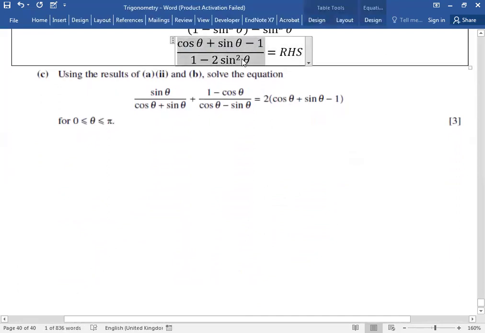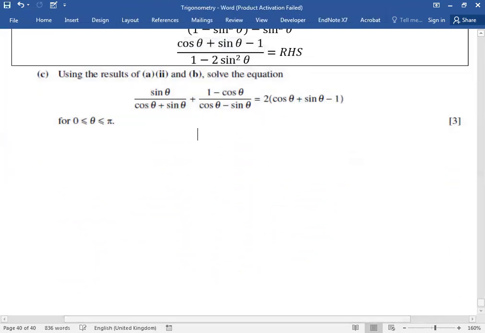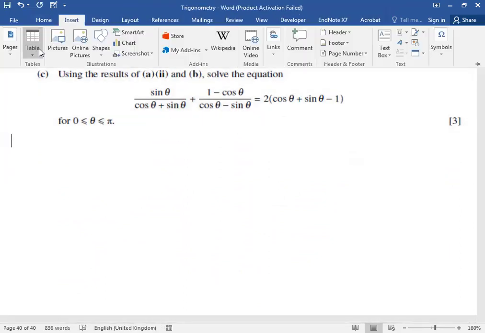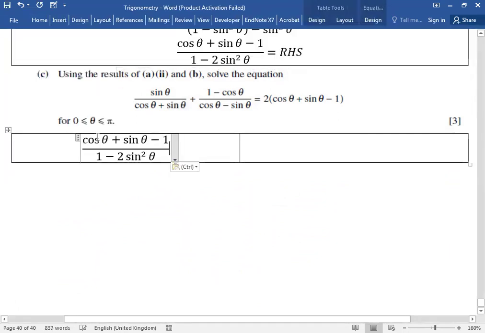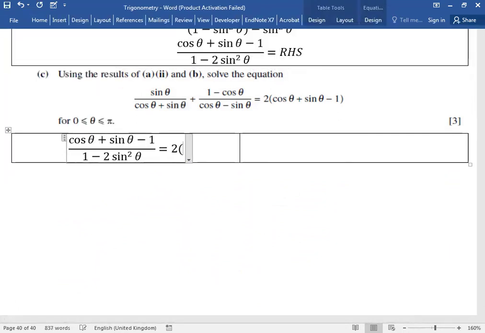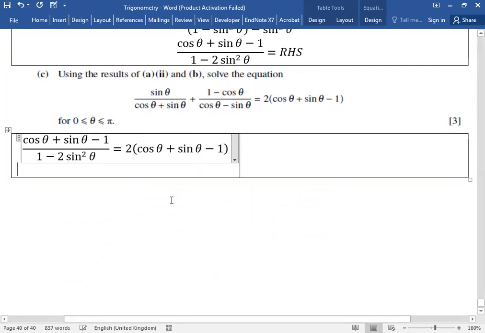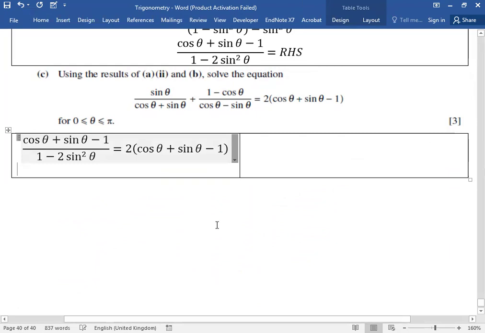Very good. We can use this entire identity for the left hand side. Make sure कर लिया करो कुछ changes तो नहीं है उसमें. For the left hand side, on the right hand side I have 2 cos theta plus sin theta minus 1. Is that right? Then what?